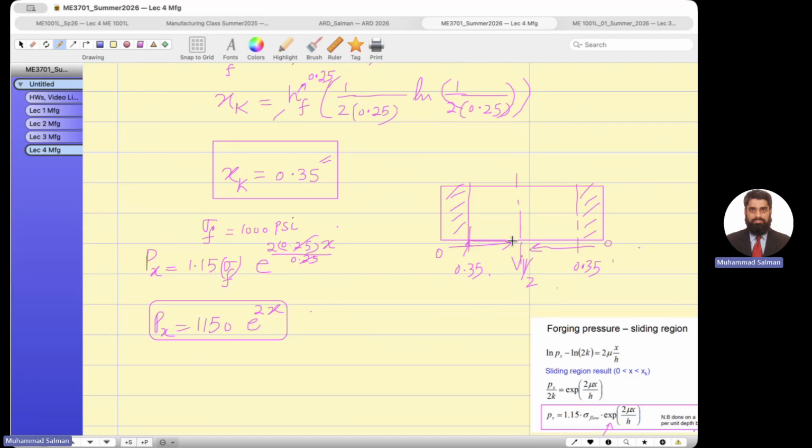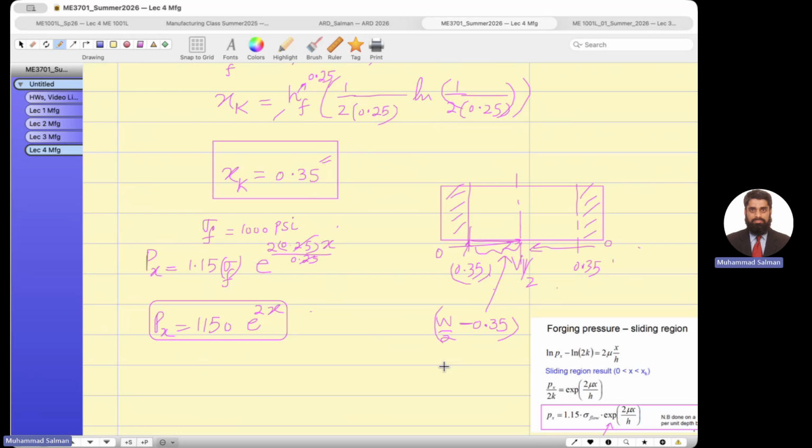And after 0.35, it's sticking pressure. It's not this formula, it's a different formula. You have to subtract 0.35 from W by 2. This will be the side minus 0.35 for the sticking pressure. You will see it now. I'm going to show you.